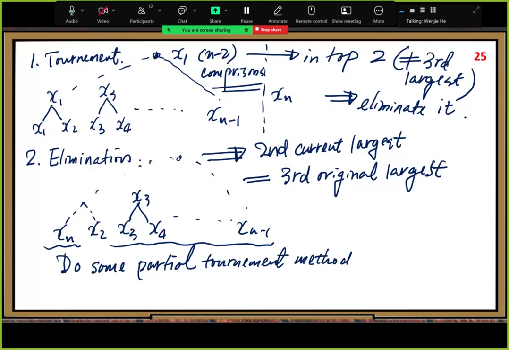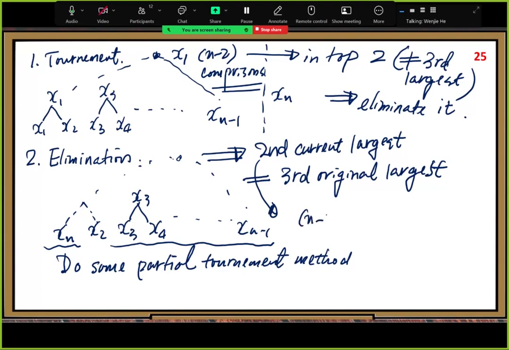We update the goal, remember? The second current largest equals the third. So we just find the second largest. We have the second largest formula.